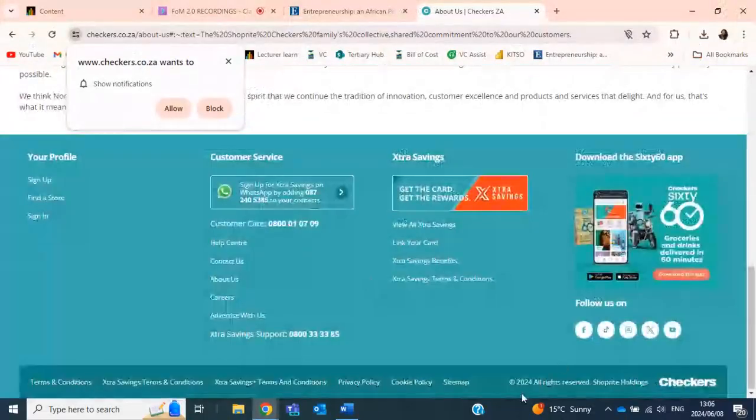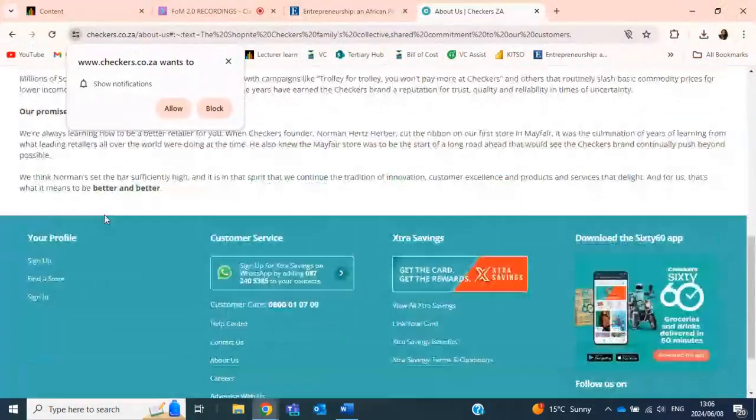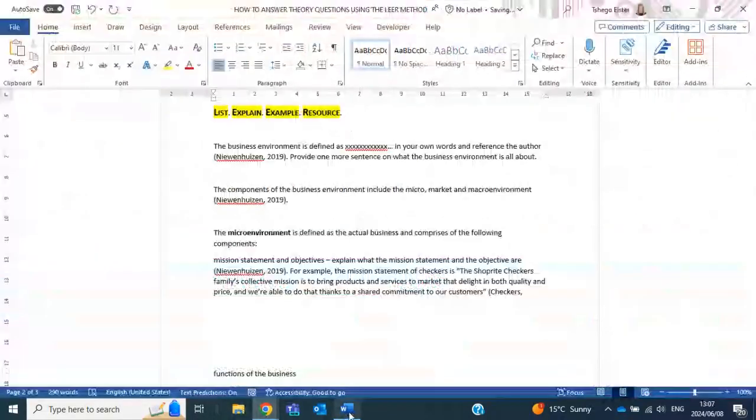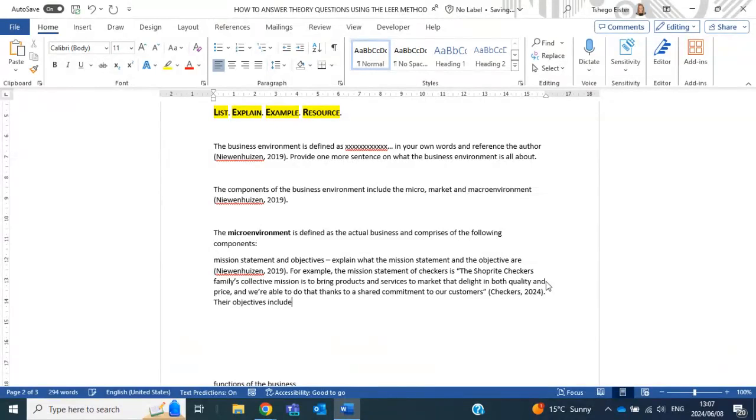I think at the bottom it'll just say 2024, all rights reserved. So that would be Checkers 2024, right? And this is the objectives. If you have something about their objectives, you will say their objectives include, and you will find those again, Google those, and then again you will reference.